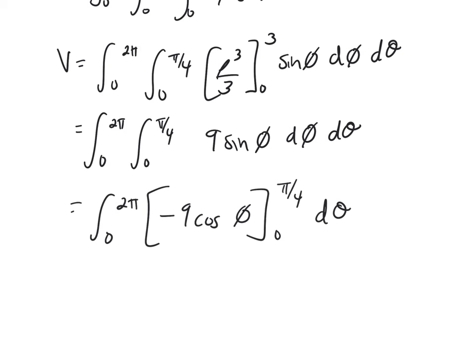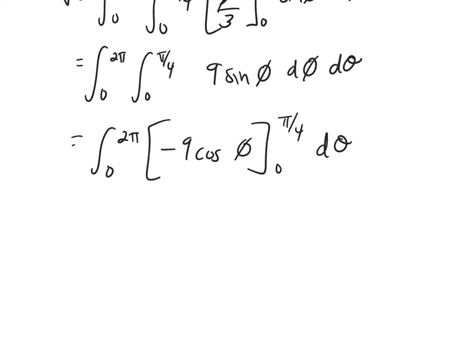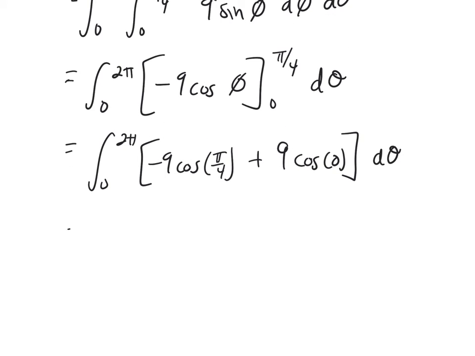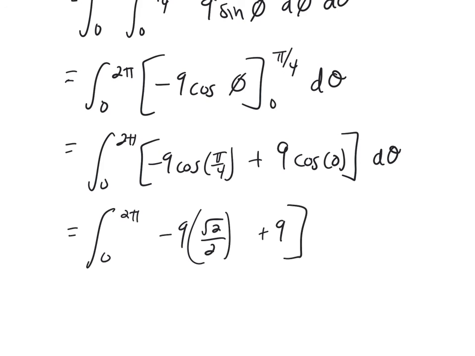So this amounts to the integral from 0 to 2 pi of minus 9 cosine pi over 4, minus a negative, so it becomes positive, 9 cosine of 0. This becomes negative 9 square root of 2 over 2 plus 9.